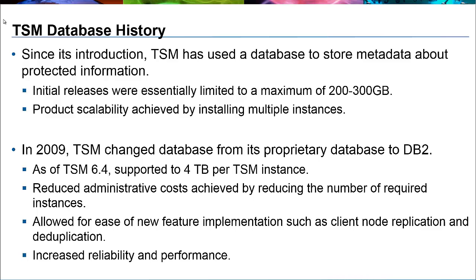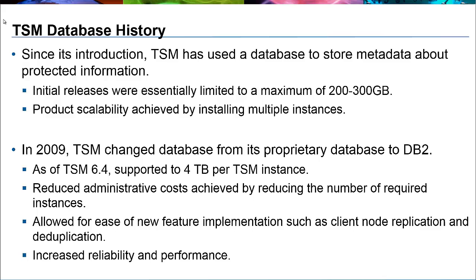It had some advantages. It was easy to use, easy to install, small, and very easy to administer. But its limitations were that it was essentially very limited in size, roughly limited to a maximum of 200 to 300 gigabytes per TSM Tivoli Storage Manager instance.